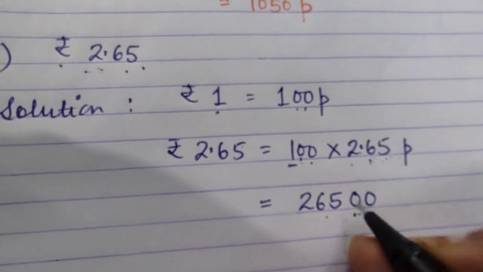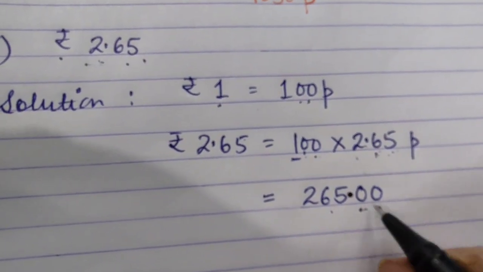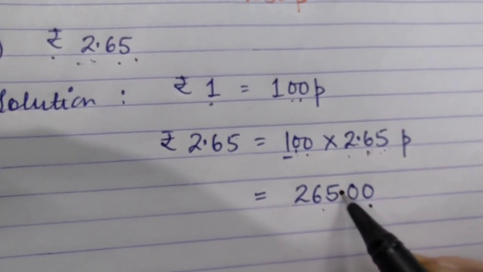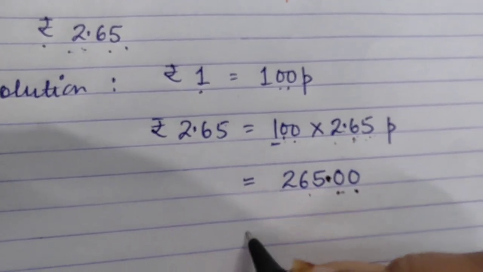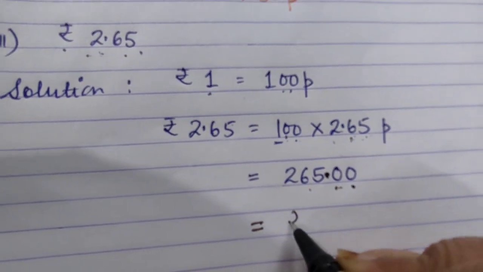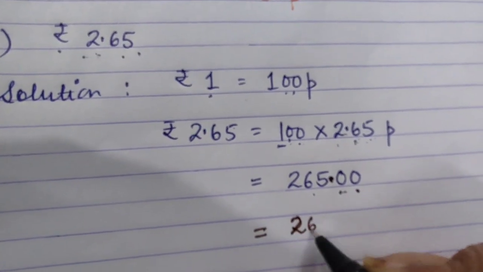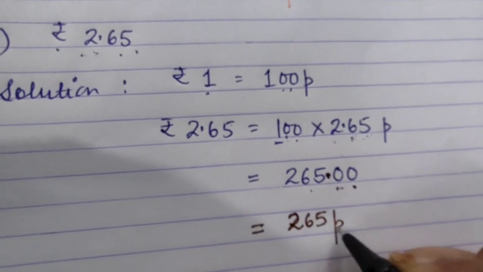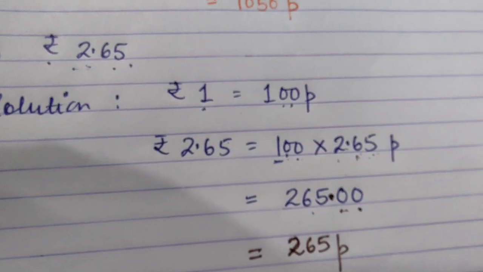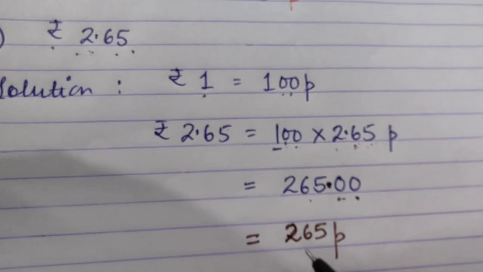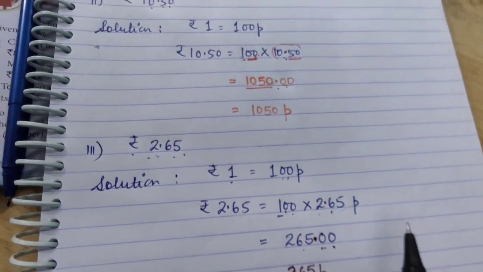So 2 numbers के बाद you put a point. Okay, and because there is no number after the point, we can write it as 265 पैसे. Yes or no? चाहे हम point के बाद 0 लगाएं या नहीं लगाएं, will it make any difference? No.